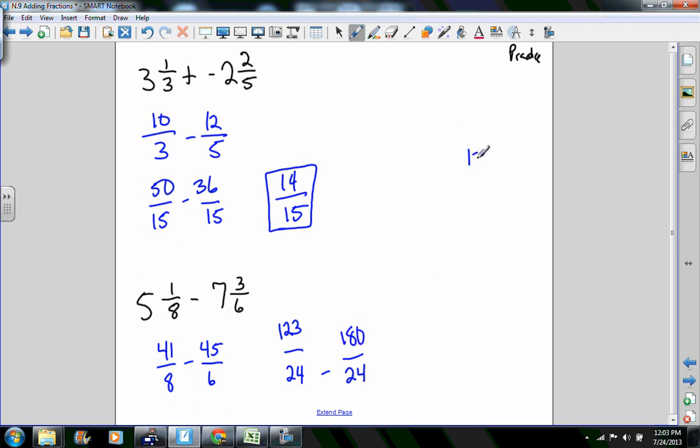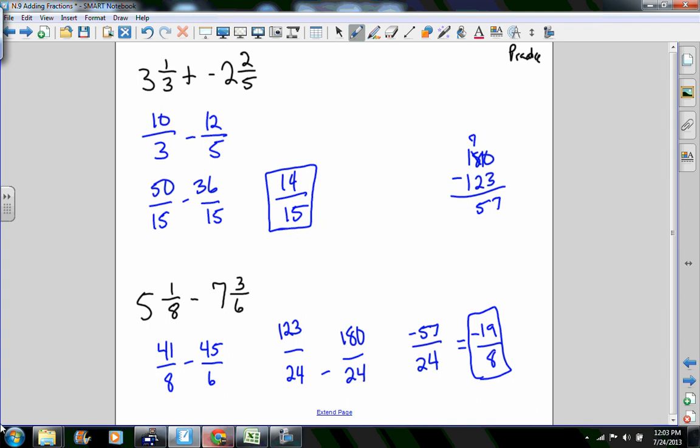And now I have to do 180 minus 123 and then throw a negative on it. So negative 57 over 24. And I can divide by 3 here. So that would be negative 19 over 8.